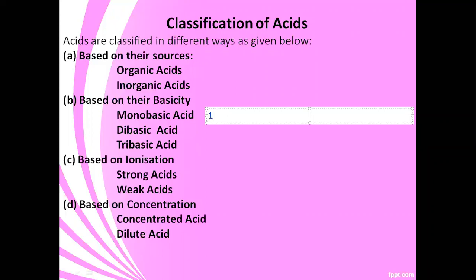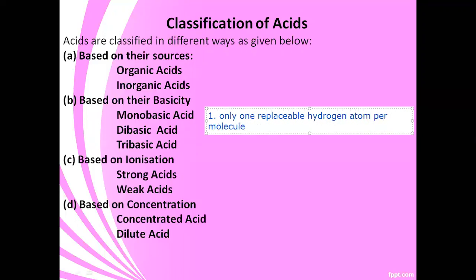The first one is monobasic acid. That acid contains only one replaceable hydrogen atom per molecule.